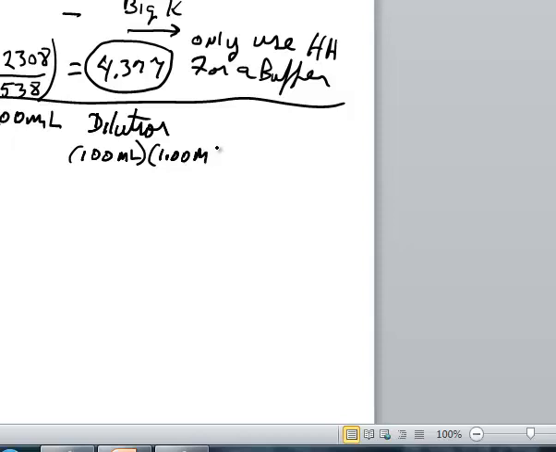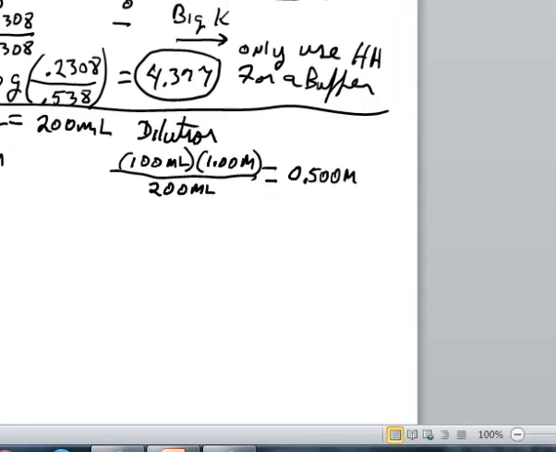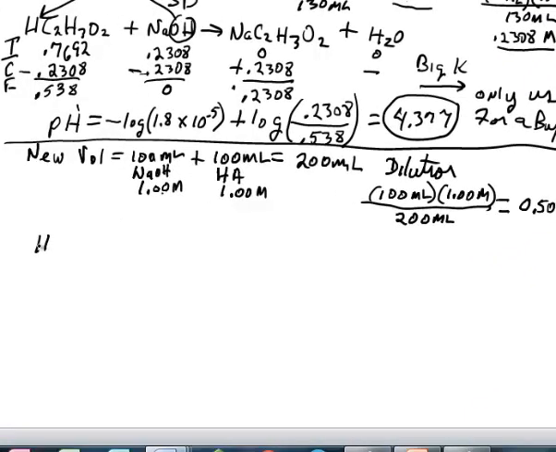I've got 200 milliliters total volume. I've got 100 milliliters of each and the same concentration of sodium hydroxide and acetic acid. So that's going to give me 0.5 molar concentration for both my acetic acid and my sodium hydroxide.